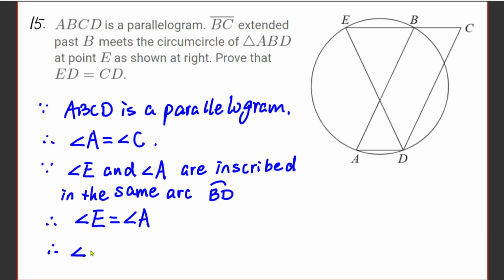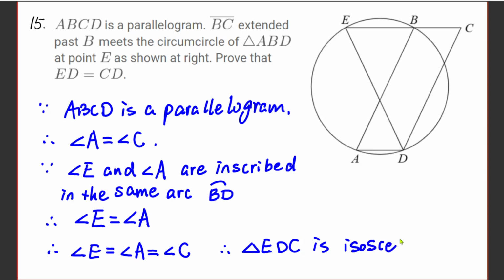And therefore we know angle E equals angle A equals angle C. So triangle EDC is isosceles with ED equals CD.